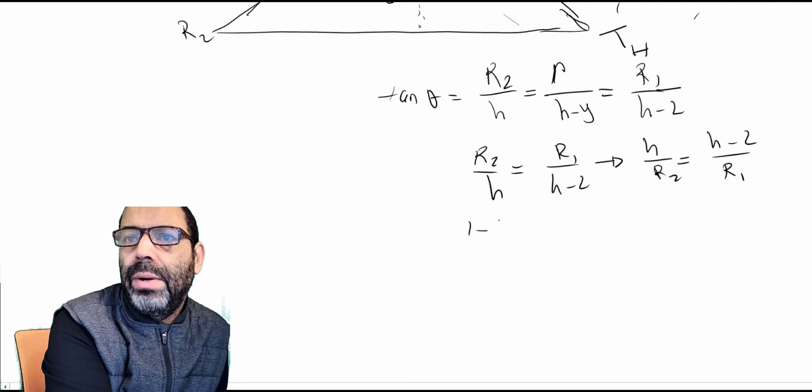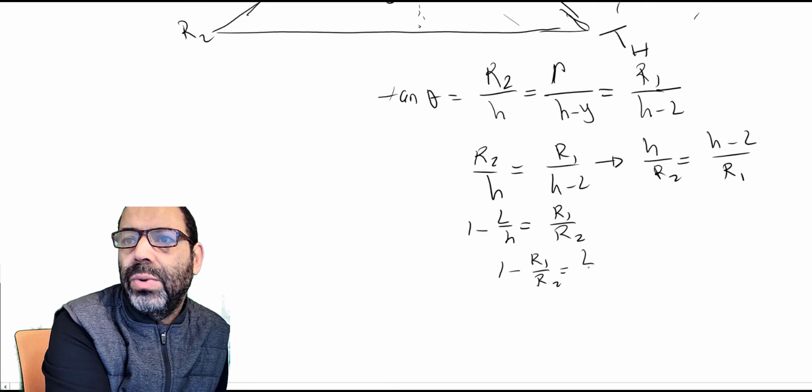It's going to give me 1 minus L over h, which is equal to, from this equation, r1 over r2, okay? Manipulate this expression, move this term on this side and the other one on the other side. So what we end up with in this case is 1 minus r1 over r2 is equal to L over h, okay?